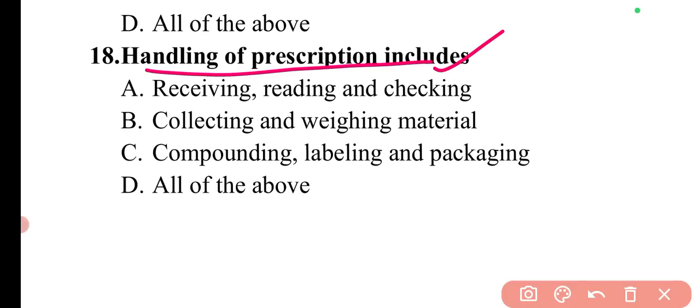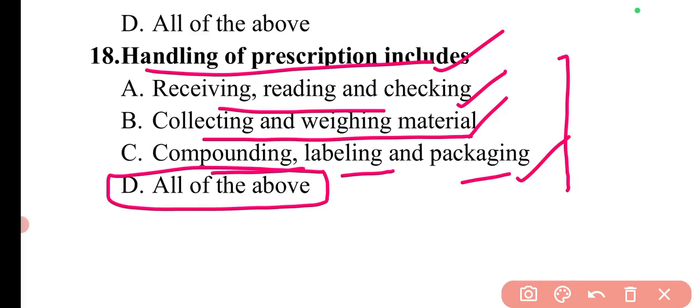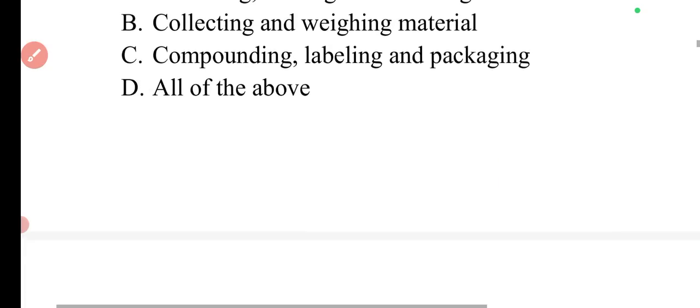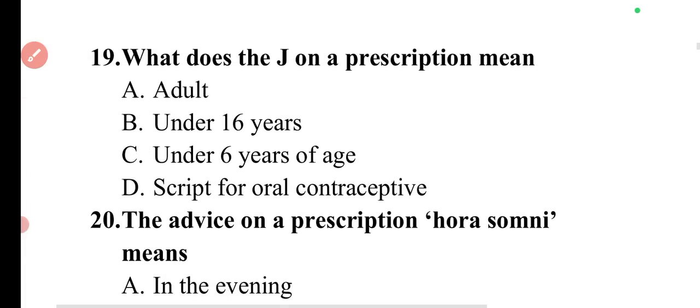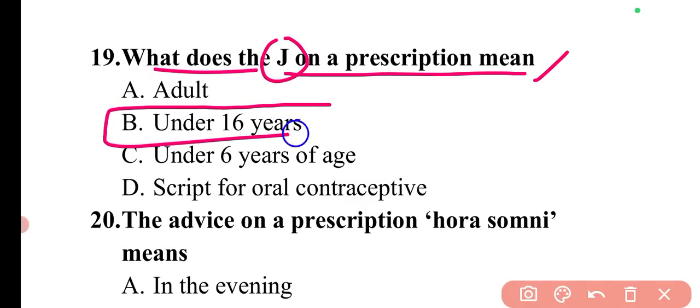Handling of prescription includes receiving, reading and checking the prescription, collecting and weighing material, then compounding, labeling and packaging. So here option D, all of the above, is correct. Then next question is: what does the J on the prescription mean? J means under 16 years of age. So here option B is correct.